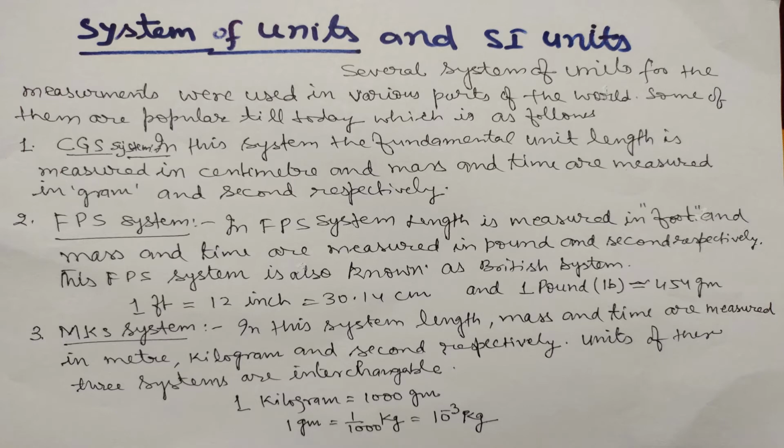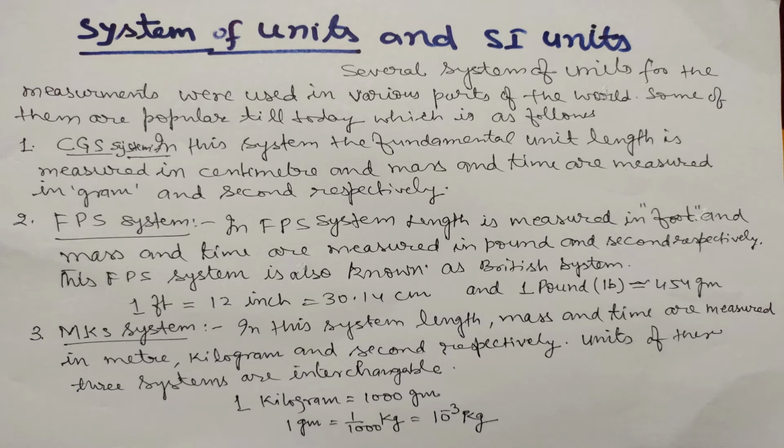In the FPS system, length is measured in foot, and mass and time are measured in pounds and second respectively. This FPS system is also known as the British system.